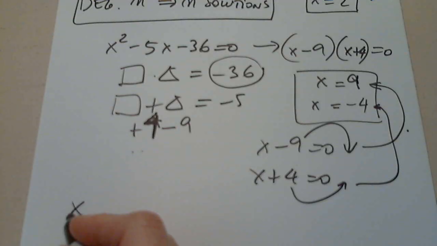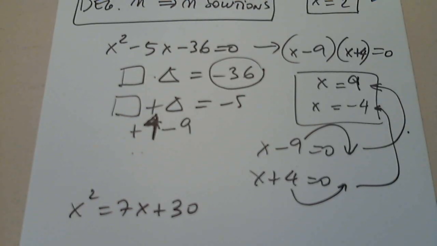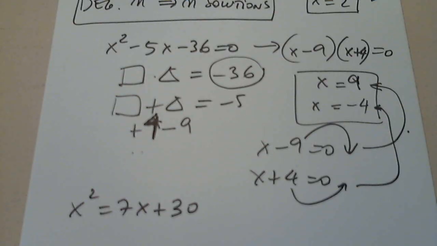So x squared equals 7x plus 30. Okay, so let's think about this. What will be the first step we need to perform here?